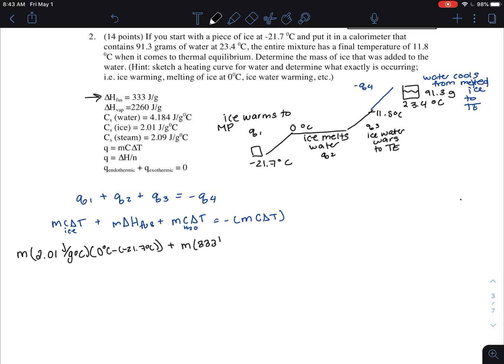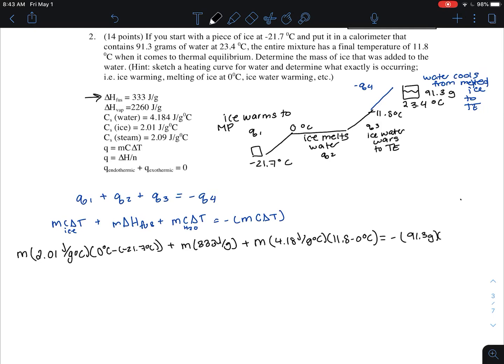And that's added to the mass, which I don't know, times the heat of fusion, which is 333 joules per gram, plus my ice water, which is still the mass that I don't know because I don't know what the ice was. So again, M times my specific heat of water, which is 4.18 joules per gram degrees Celsius, times my temperature change. So I reached 11.8 from 0, so 11.8 minus 0 degrees Celsius.